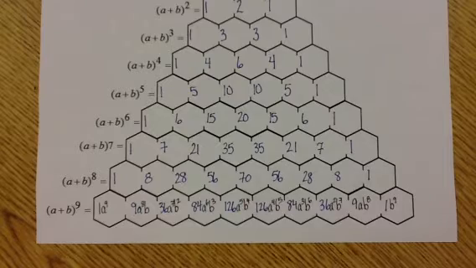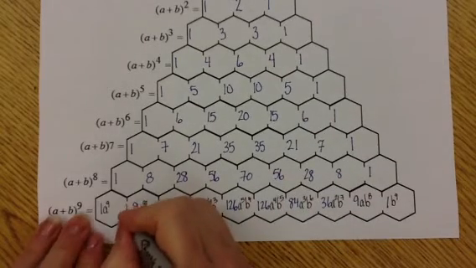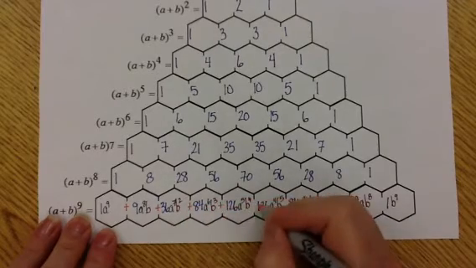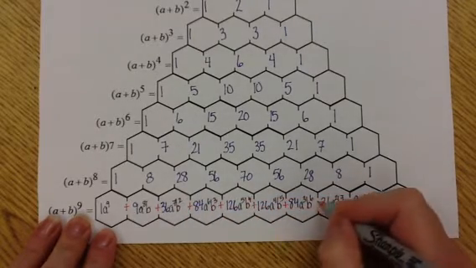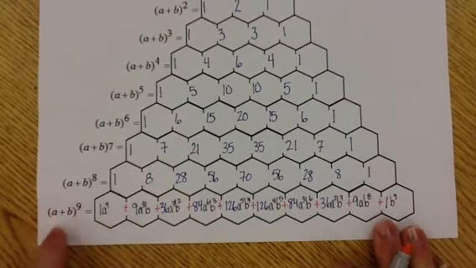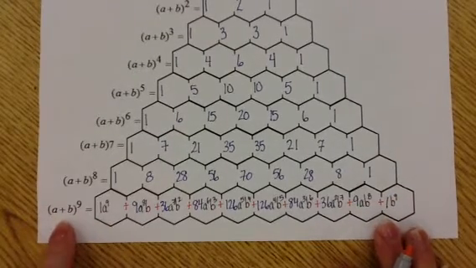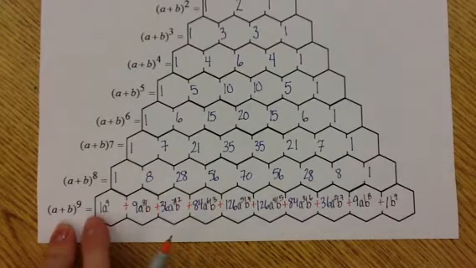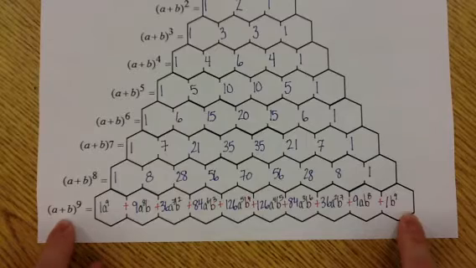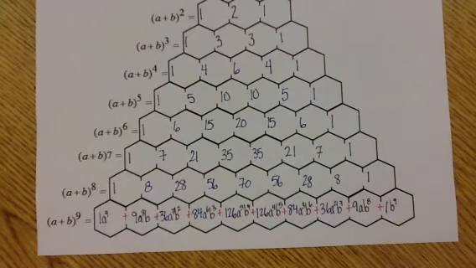In between each of these terms, I've left a space to put an addition sign. So that if I were to FOIL out a plus b to the 9th power, I would end up with this polynomial right there. Let's go ahead and fill in the next row up.